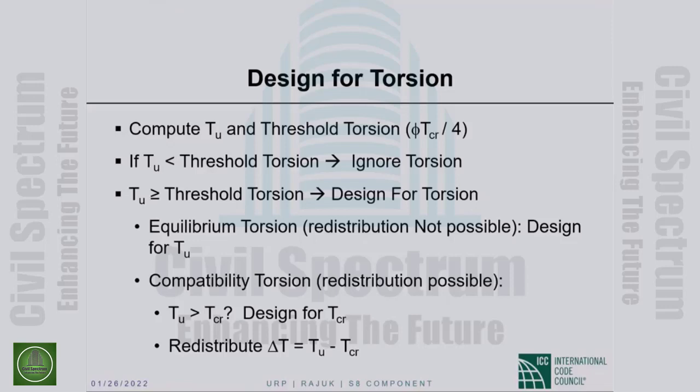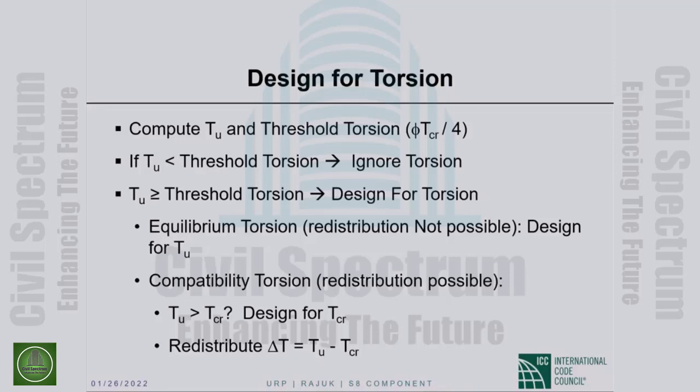I have a couple of pictures. Equilibrium torsion is something that is, how should I say, we have no choice but to design for T sub U, the torsion acting on the member. We cannot redistribute part of it away. So that torsion is needed for the equilibrium of the member.